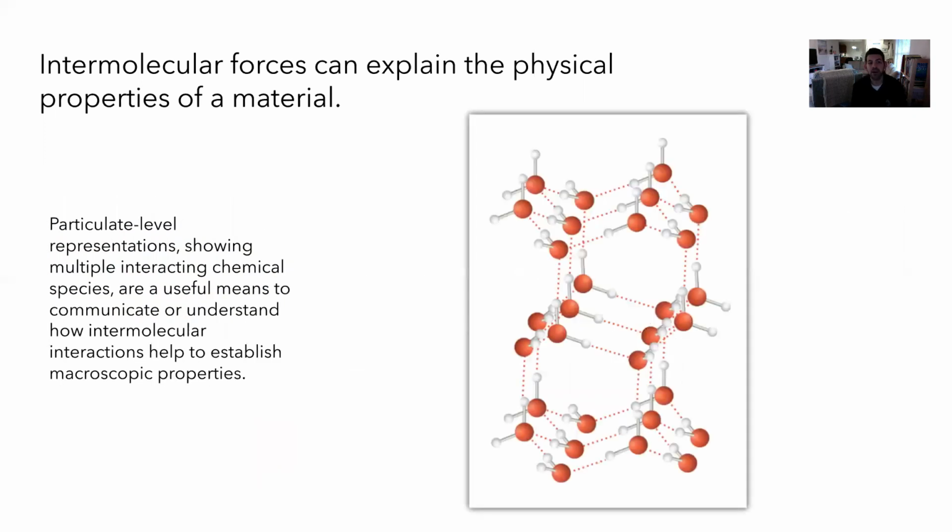All right, so now particulate level representations showing multiple interactions are going to be useful. This is a really big feature. What I want to point out in this image of our solid water, all right, is solid lines will be used for chemical bonds, all right, covalent bonds, solid lines. The dashed lines will represent the attractions.